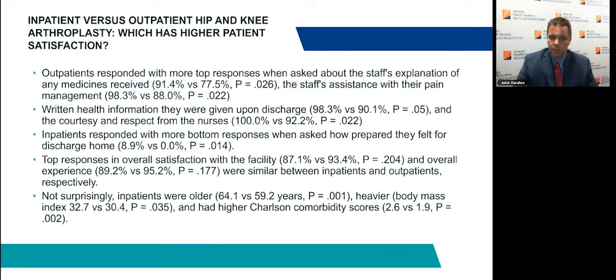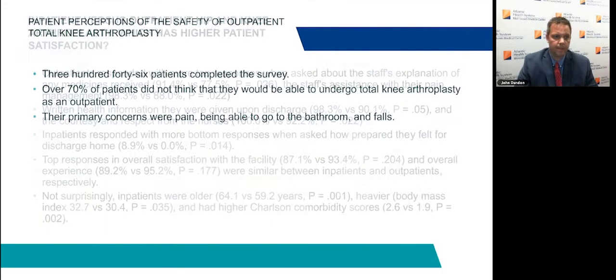And overall satisfaction, they're typically higher. So these are the people who've gone through it. Now, this is obviously skewed because the patients who were inpatients in this study were obviously older, heavier, higher trials from comorbidity evidence. They were sicker, older patients. So they typically are not going to be quite as satisfied anyway. This just goes to show you can make people safe and make them satisfied with these procedures.